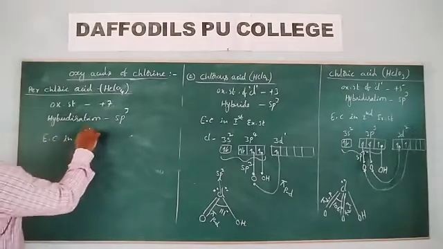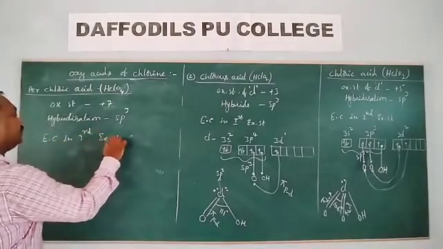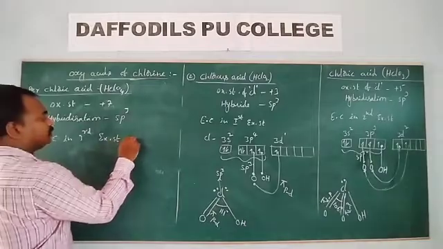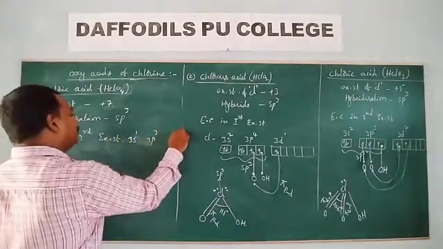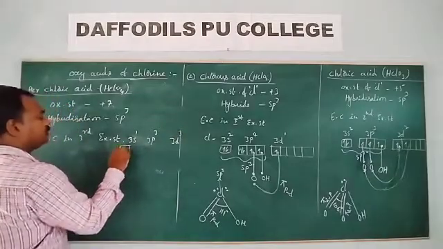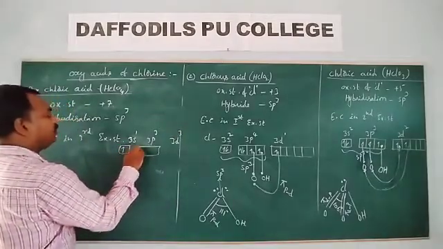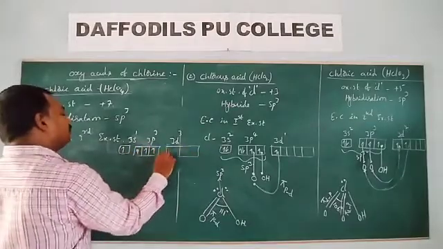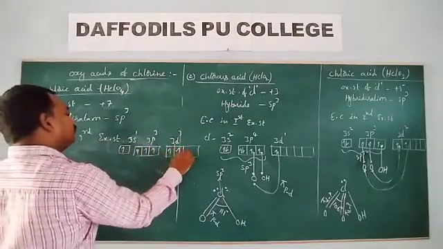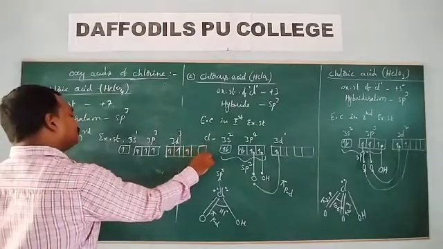Electronic configuration in the third excited state: 3s1, 3p3, 3d3. The s orbital has 1, the p orbitals have 3 unpaired electrons, and the d orbitals also contain 3 unpaired electrons.